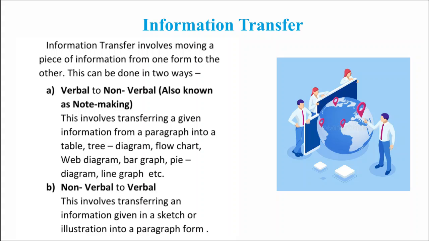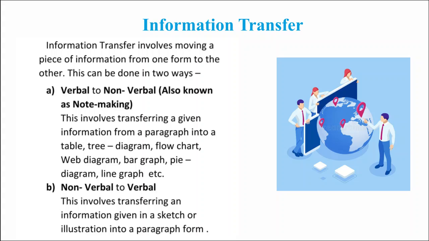So you either transfer information from verbal to non-verbal form or vice versa, that is, non-verbal to verbal form. Now what is meant by verbal form? In verbal form, the information is contained in the form of a paragraph.